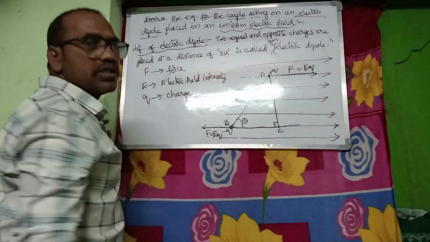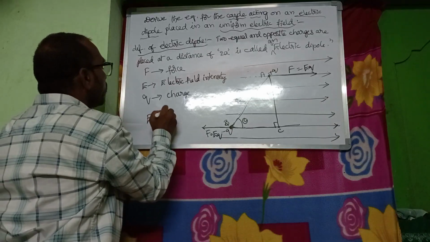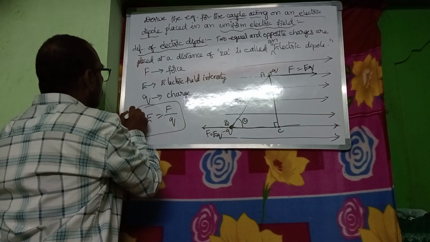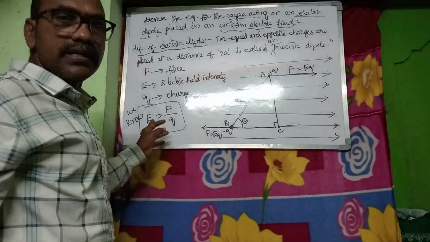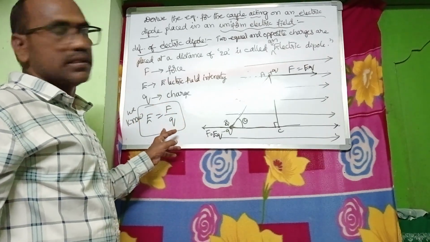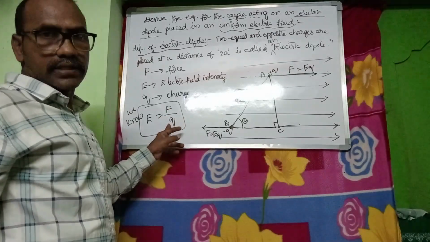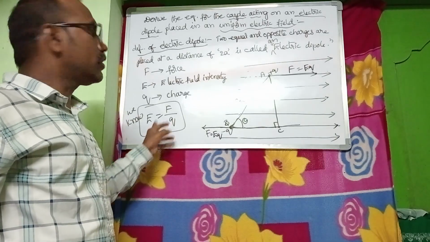From the definition of intensity of electric field, we already know E equals F by Q. The intensity of electric field is the force acting per unit charge.